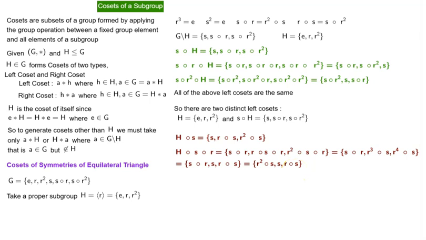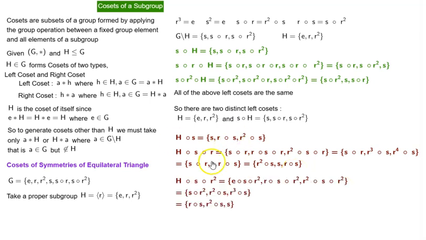Okay. Now let's look at the third element. H times S times R square. So we have E times S times R square, R times S times R square, R square times S times R square. Now simplifying this, E times S times R square is nothing but S times R square.